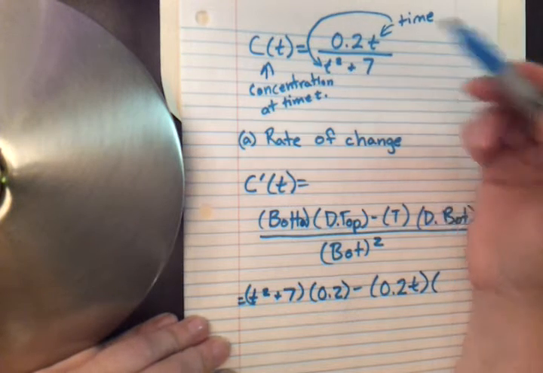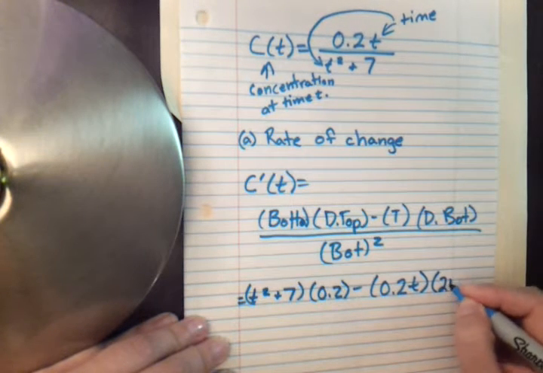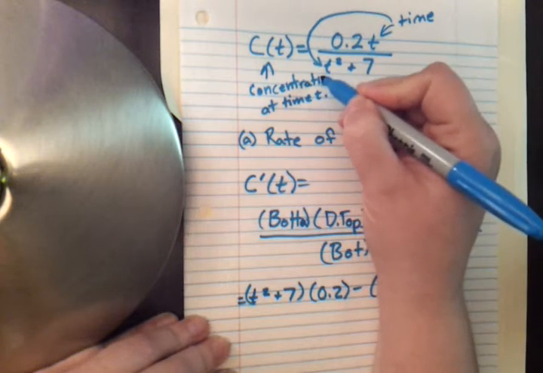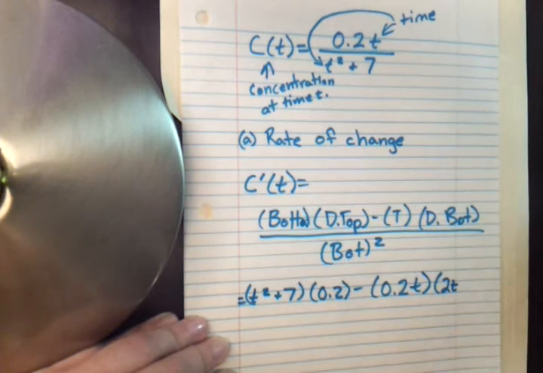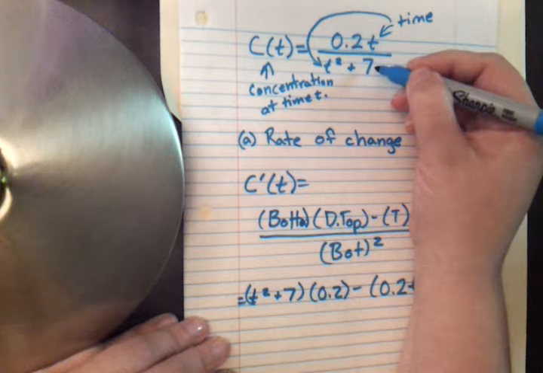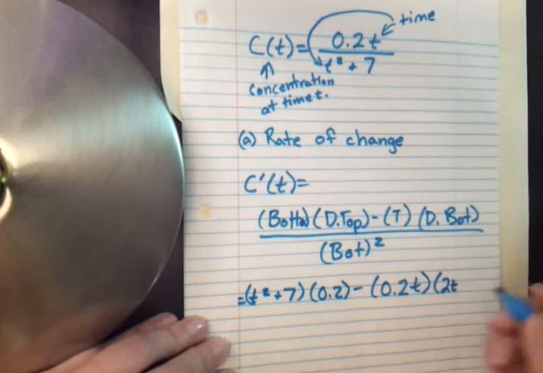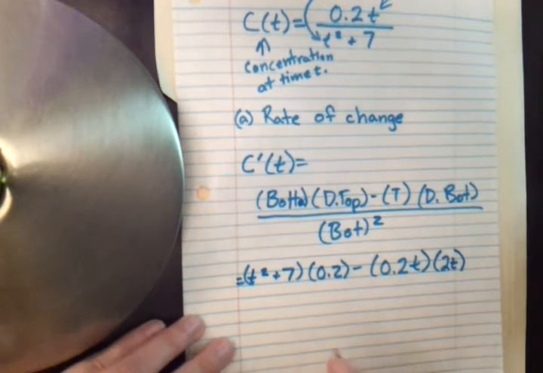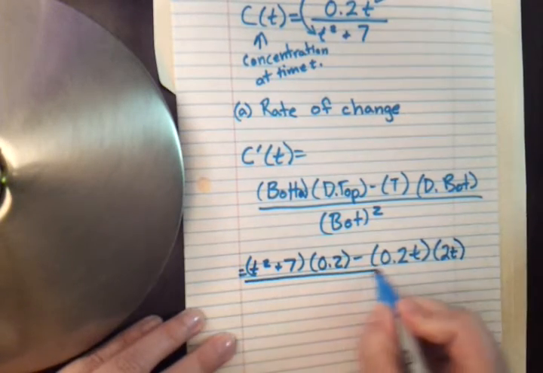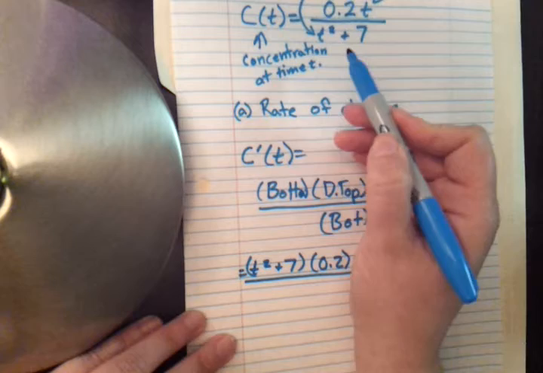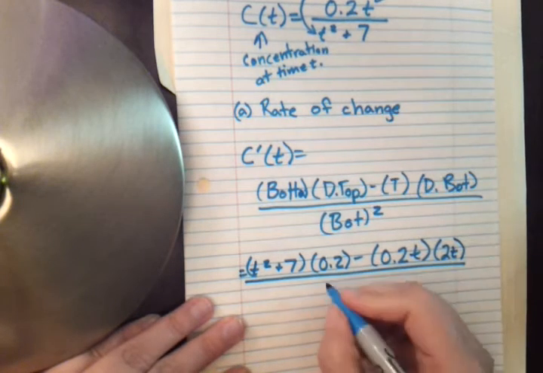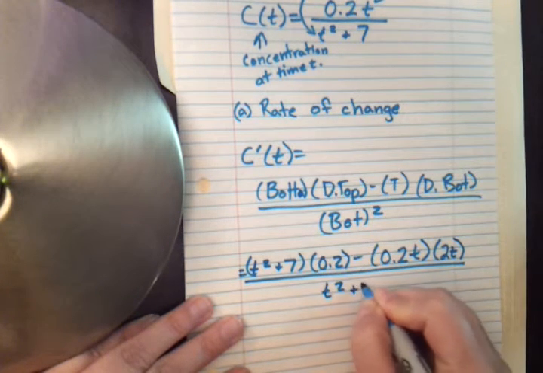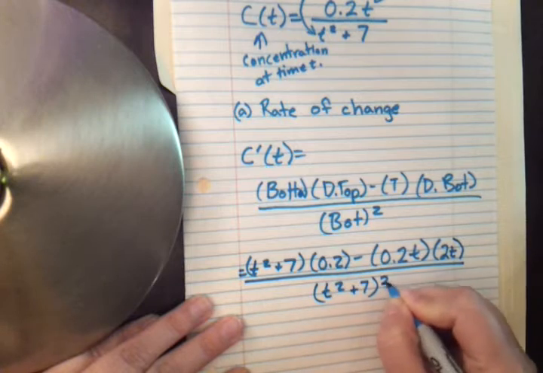Power rule says that the derivative of t squared is 2t. We just brought down the exponent and subtracted 1 from the power when we were done. And the constant rule says the derivative of 7 is 0, so that's not of consequence anymore. And then we're just going to put all of that over the bottom squared, so that's going to be t squared plus 7 squared.